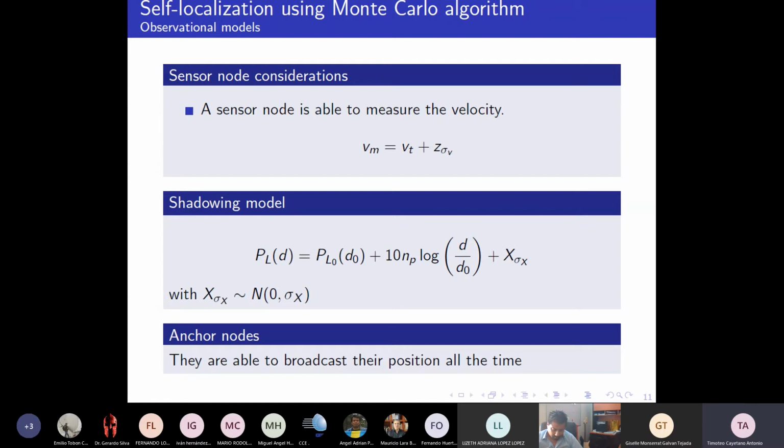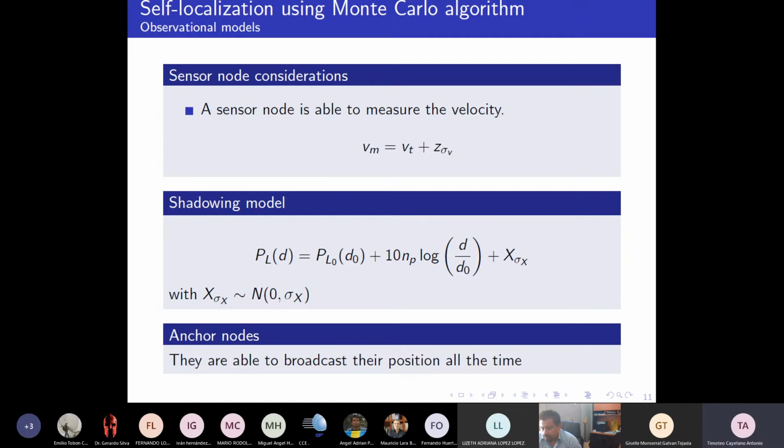The second is the well-known shadowing model, expressed in decibels as a Gaussian PDF. Of course, the observations that a sensor node receives are, I repeat, sent by the anchor nodes. That is important to say again.